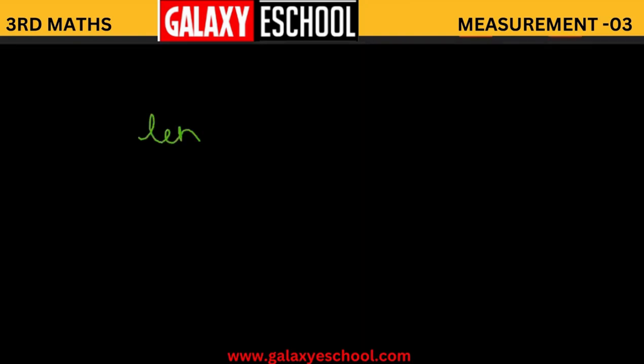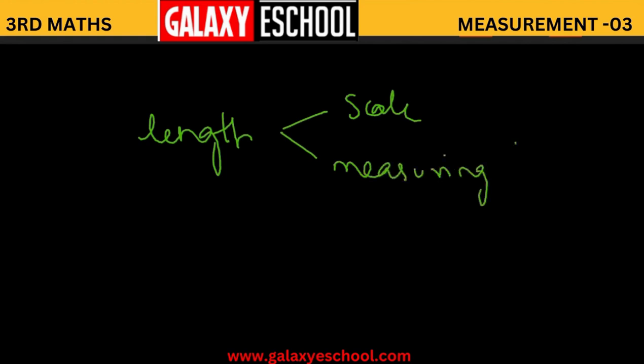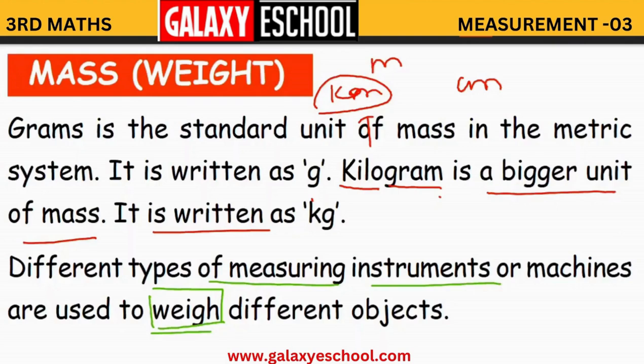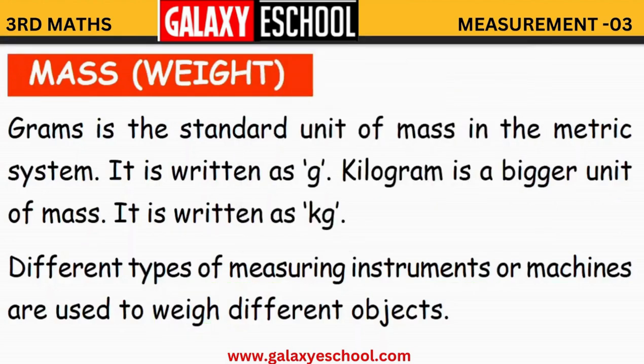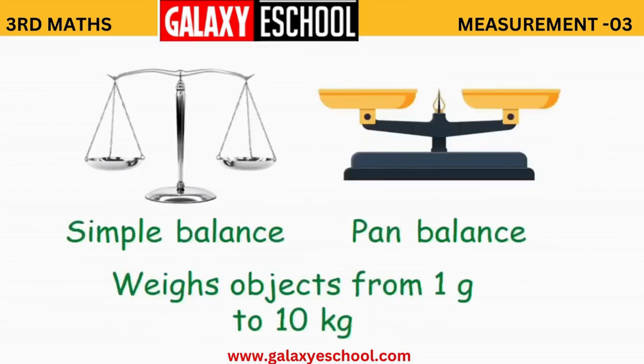Now to find out the length of given objects, we used either a scale or ruler, or else we have learned that a measuring tape is also used to measure the length or distance. In the same way, to weigh a given object, that is to find out the mass or weight, we have different instruments like this.